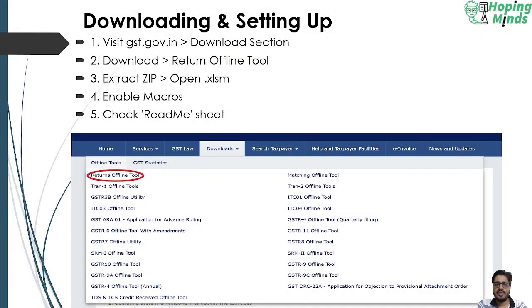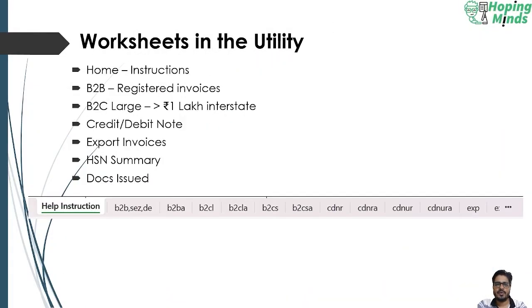So moving ahead, worksheets in the utility. There are multiple worksheets in the Excel sheet that we will use for entering GSTR-1 data, like home instructions, then B2B data, B2C data, credit notes, debit notes, export summary, HSN summary, documents issued and all of these.